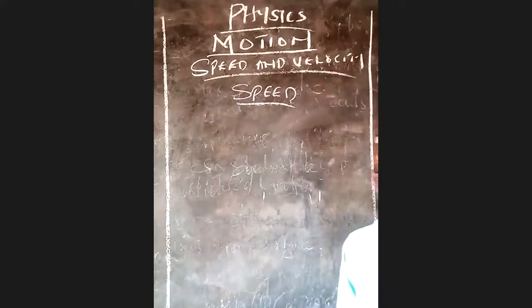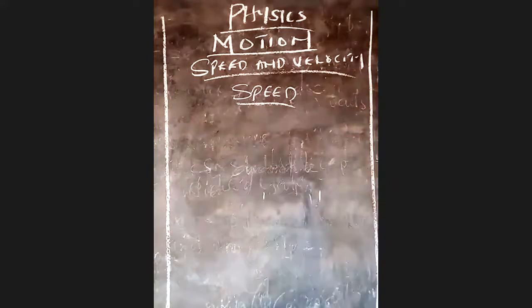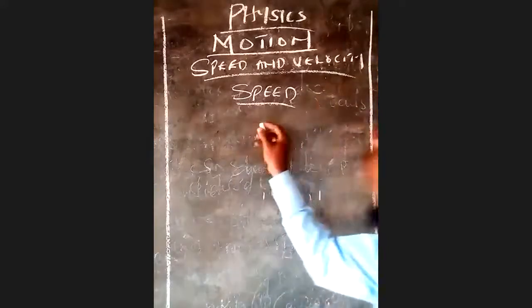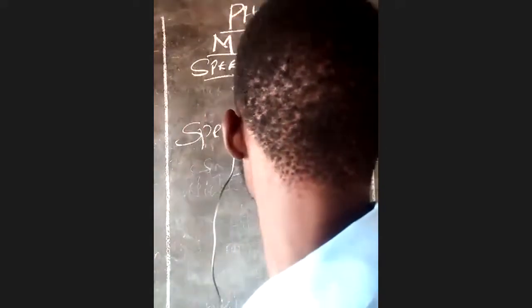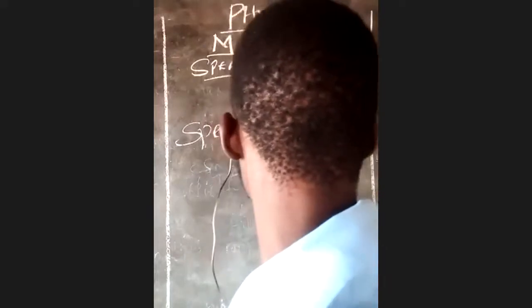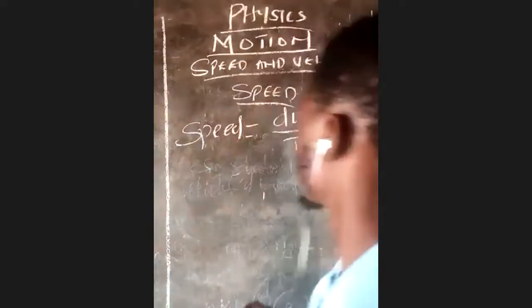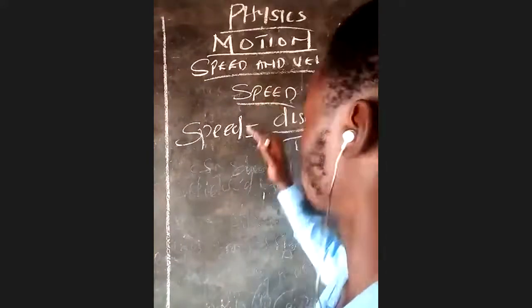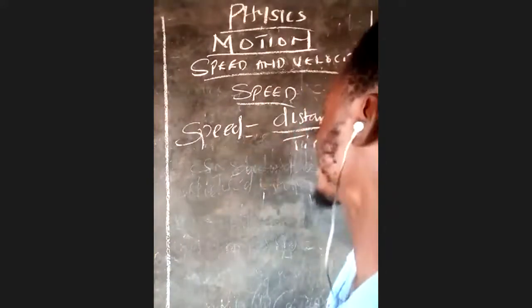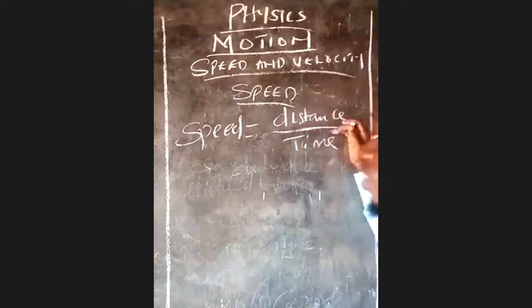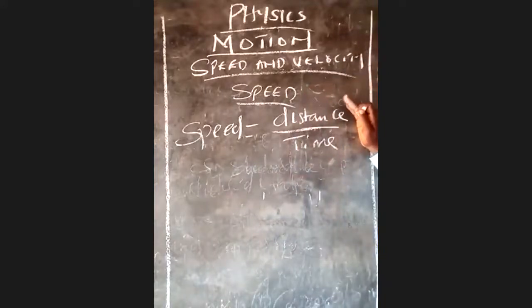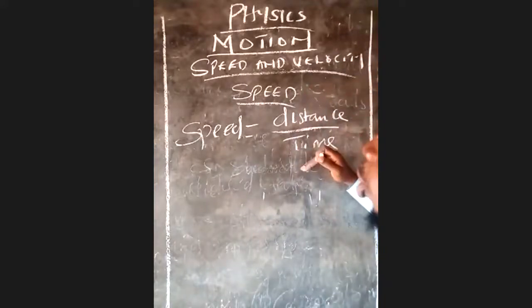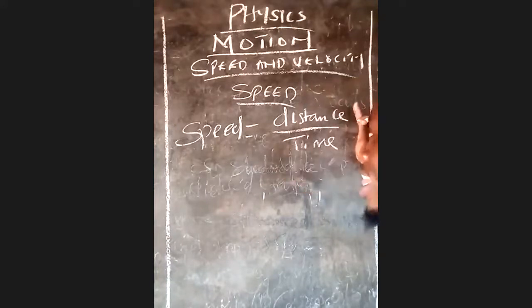Now, if you want to calculate the speed, speed will be equal to distance all over time. To get the speed a body travels, we have to get the distance the body travels and the time it takes for the body to travel that distance.